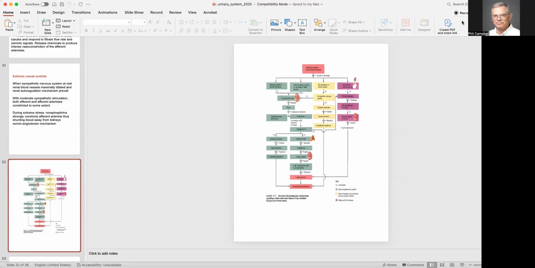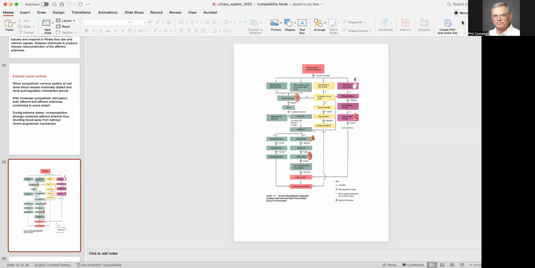All right. So basically, one of the things that you can have here is our intrinsic controls. Now, our juxtamedullary cells, in addition to having these vasoconstrictor elements released from the macula densa cells, also release a hormone called renin.